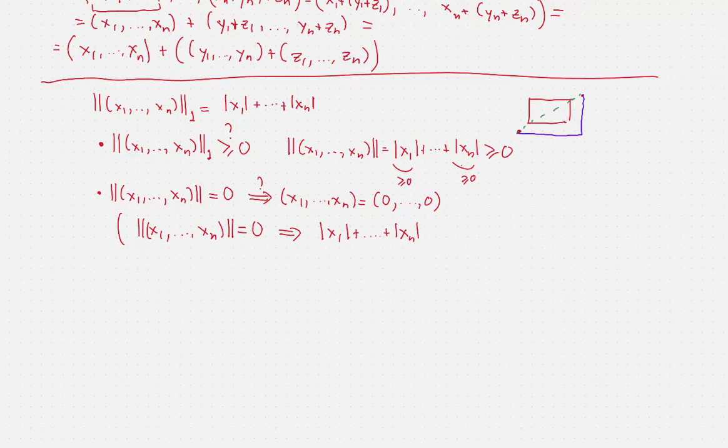So if you have the sum of non-negative numbers being equal to 0, then all of them have to be 0. There's no other way this can be zero, which of course implies that x1 up to xn is simply the 0 vector.